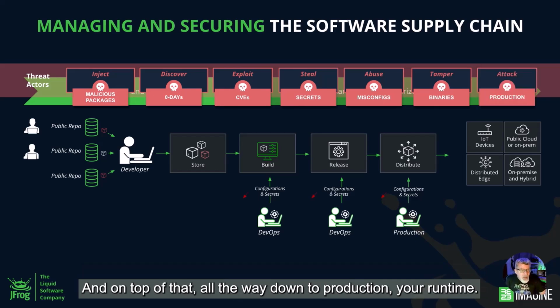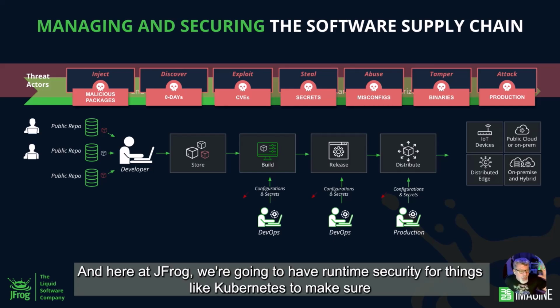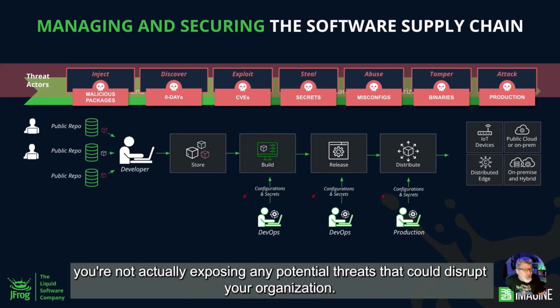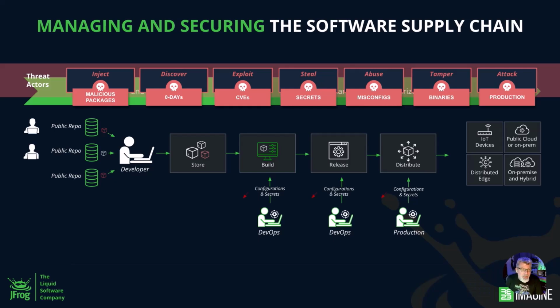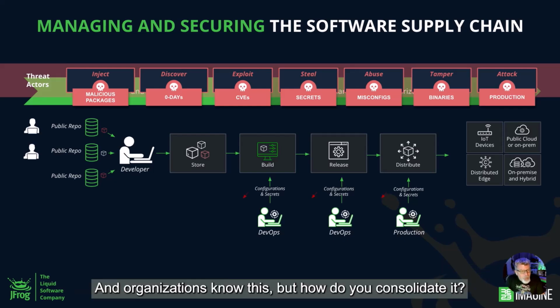And on top of that, all the way down to production, your runtime. And here at JFrog, we're going to have runtime security for things like Kubernetes to make sure you're not actually exposing any potential threats that could disrupt your organization. So when we look at the software supply chain, there are so many potential threats and attacks. And organizations know this, but how do you consolidate it?